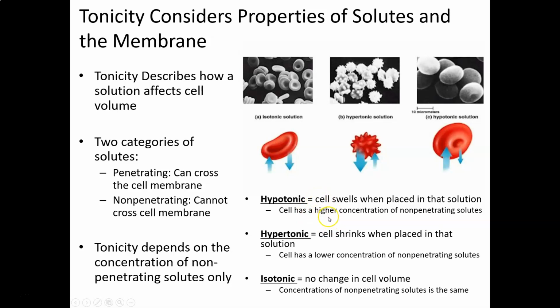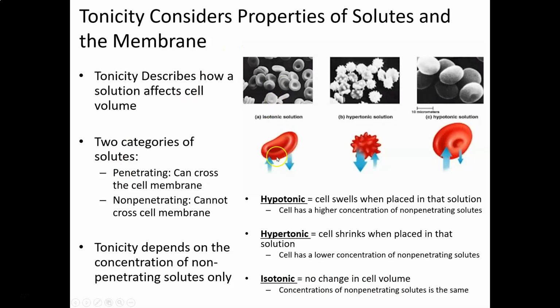So when we look at tonicity, we can describe it as hypotonic, hypertonic, or isotonic. All right, so let's start with iso, even though it's down here on the bottom. In isotonic, the actual definition says there's no change in cell volume.